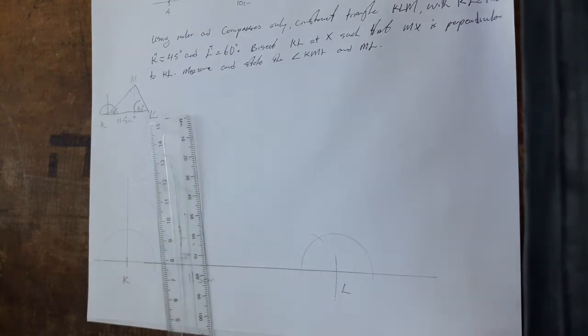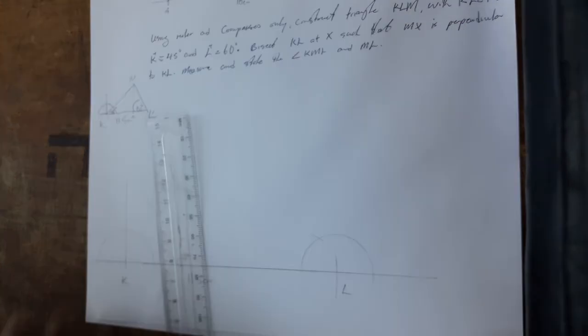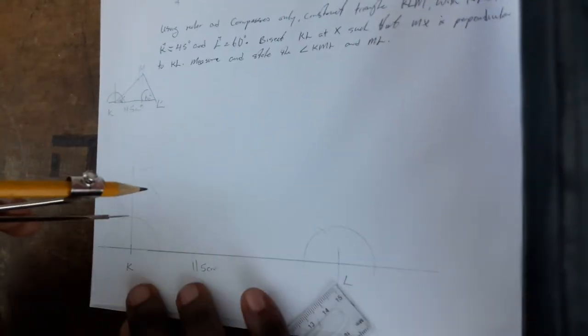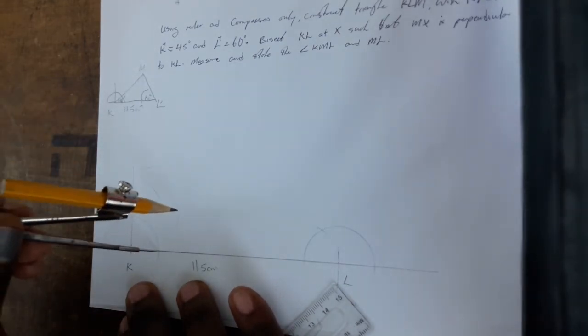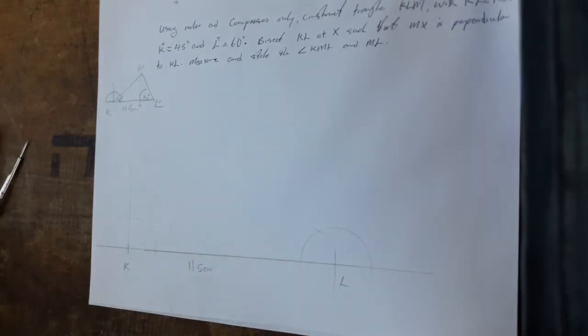That's my 90, and this will be my 45. I go to 90, scribe there, go to 0, scribe there, and that's my 45.